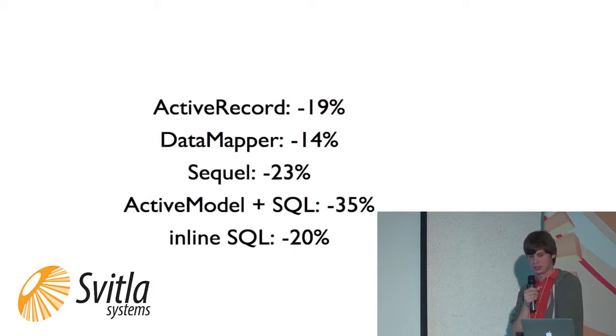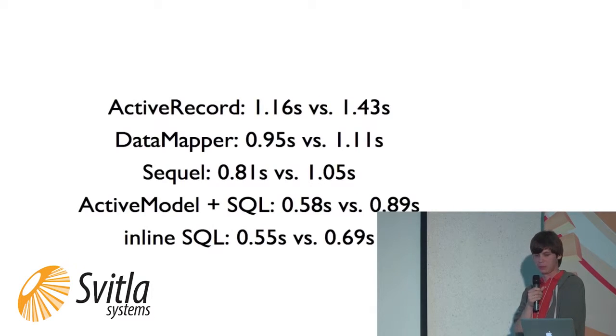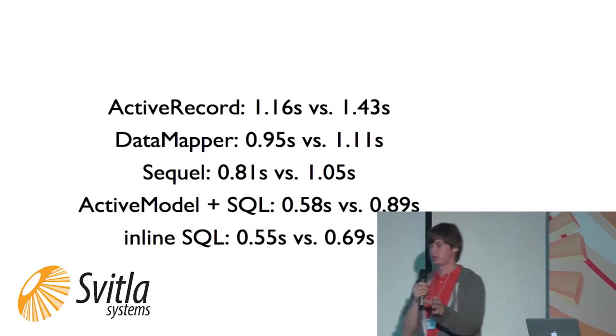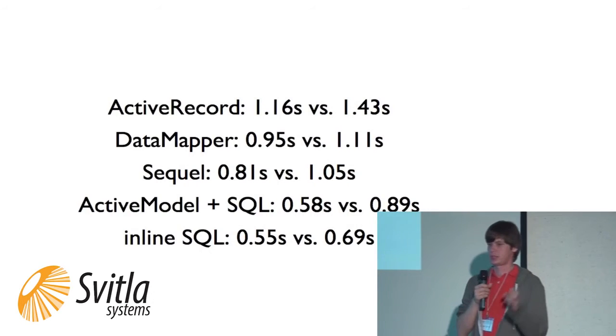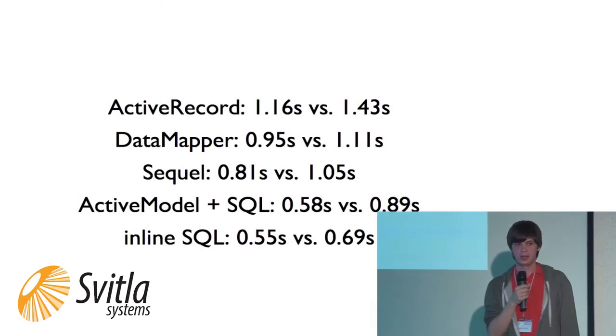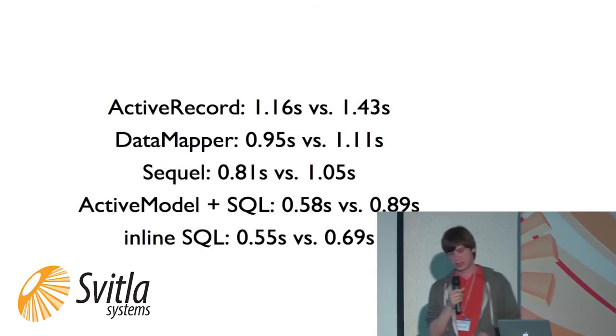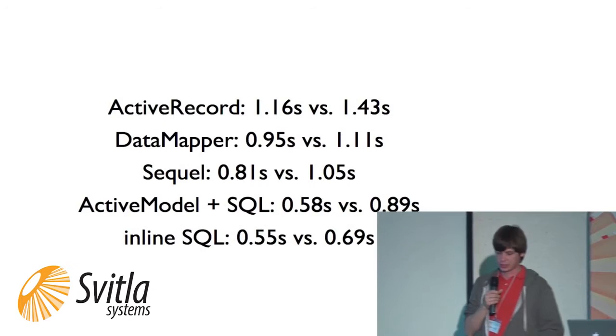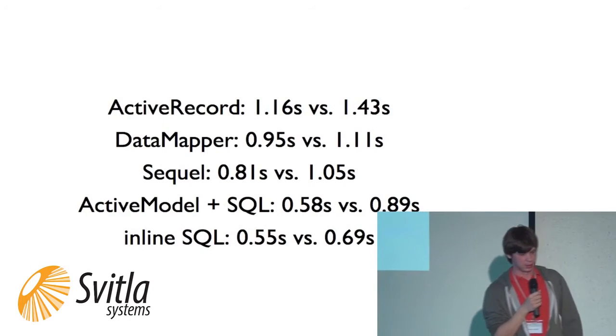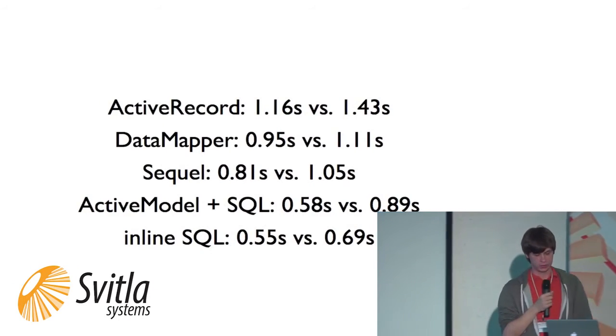So you can see SQL took 0.8 seconds, Data Mapper 0.95, and so on. At this point, finally, we didn't use ActionControllerMetal. We just went with Base, okay? Just because we have different stuff in this application, and we decided not to have the headache of different controllers.